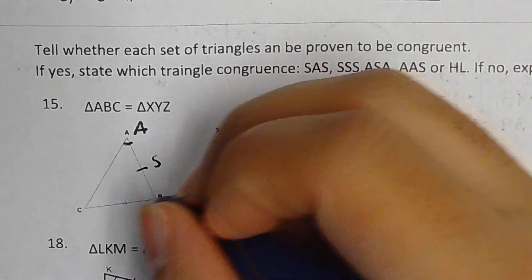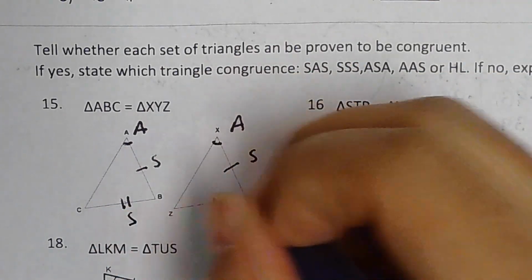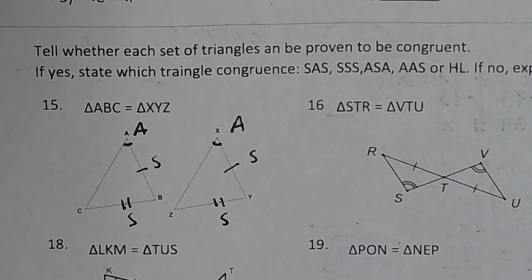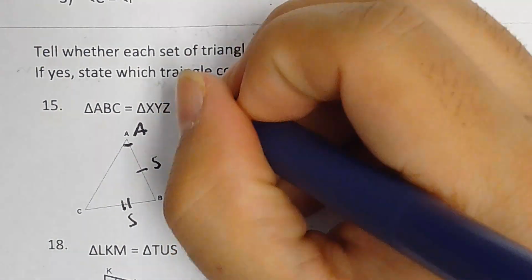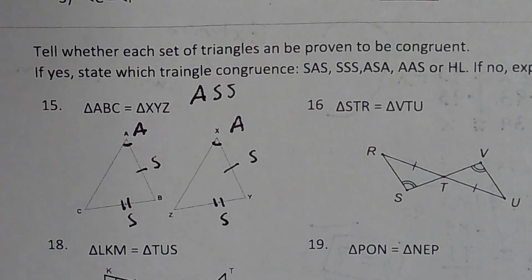And finally, double lines here, S. So then this is going to be called what? Nope. ASS. So, do you notice how it made you chuckle?